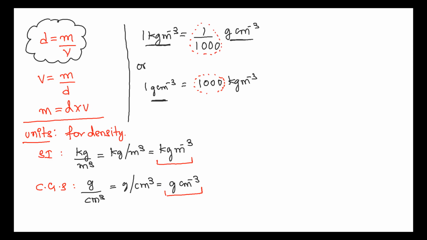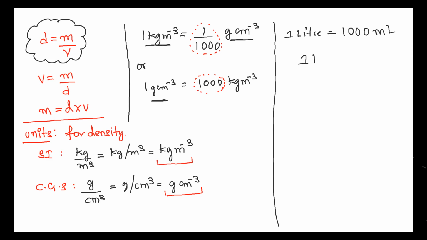Fine. Now, apart from these things, other important things we need to remember: volume has some other units also, which is the liter. 1 liter is equal to 1000 milliliter.